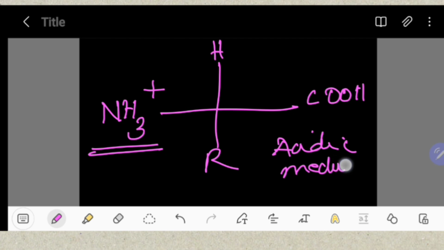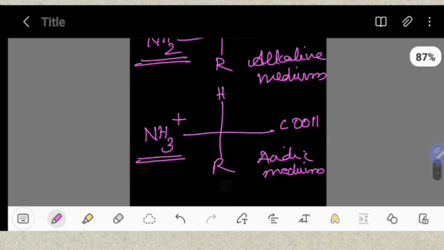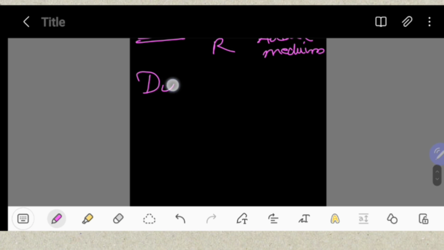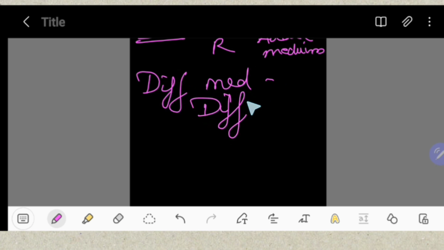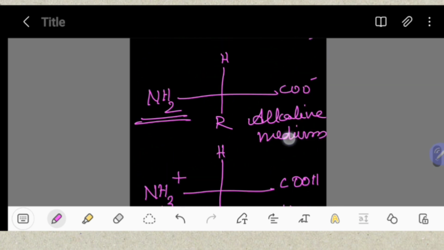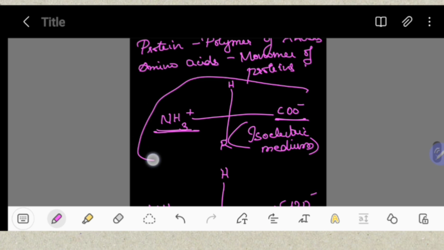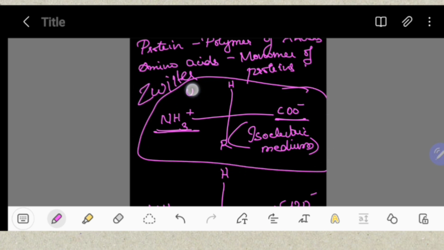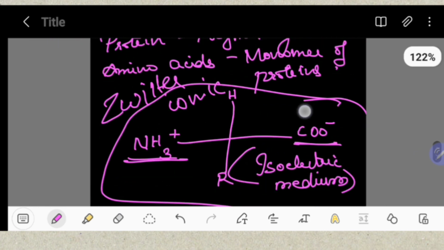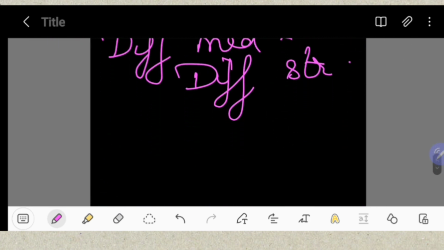So in different pH, they show different structures. That is their particular property. In different media, they have different structures, and this form is what you call the zwitterionic form.